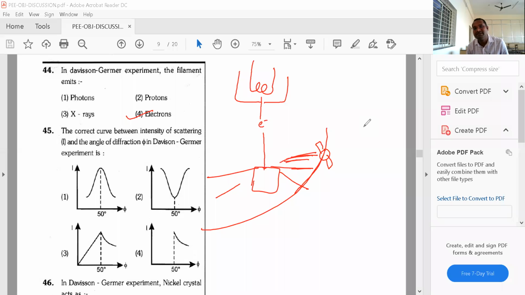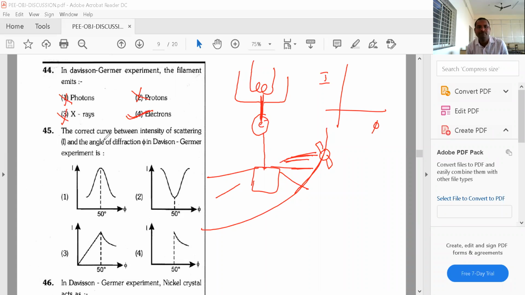We have drawn the graph between the intensity and the scattered electron angle, this phi angle. The particles ejected from the electron gun are electrons. They are not photons, not energy particles, not x-rays; they are electrons.